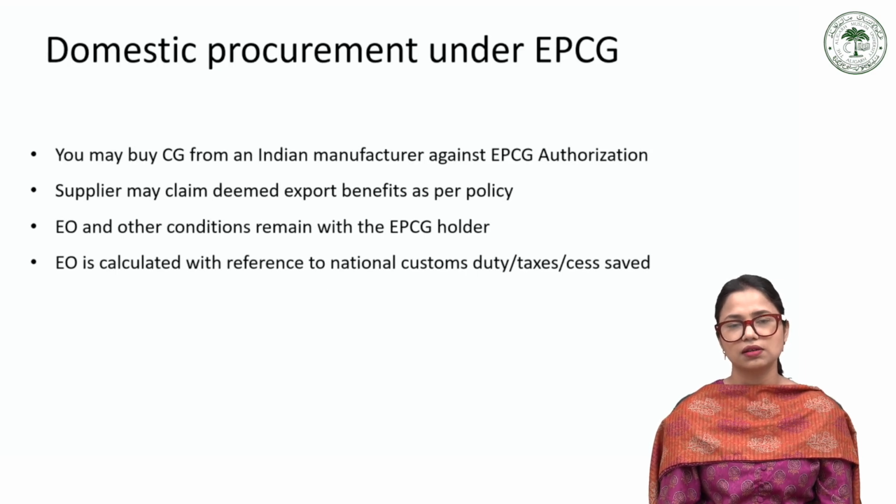Now let us see how does domestic procurement or indigenous procurement under EPCG occurs. So as noted before, the exporter might choose to import a particular capital good from a foreign buyer, or they can also decide to source it from a domestic manufacturer or merchant.